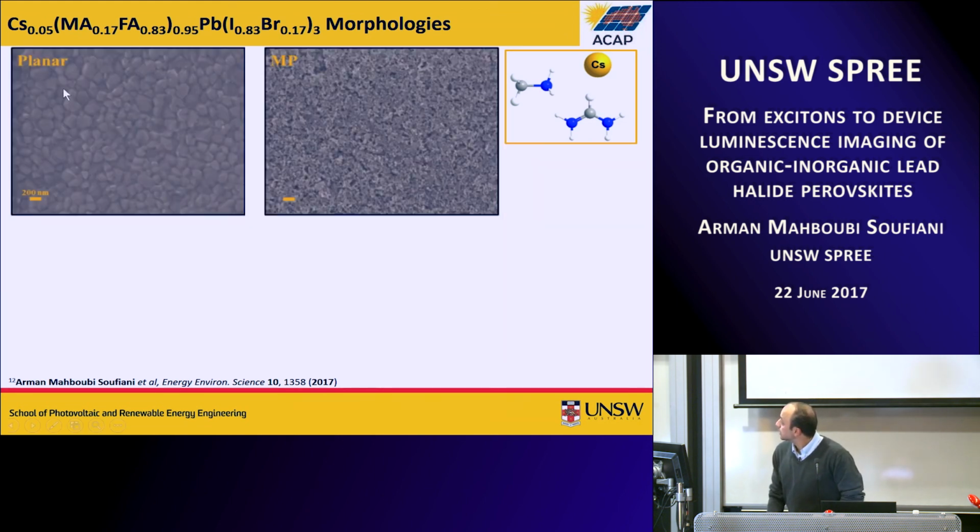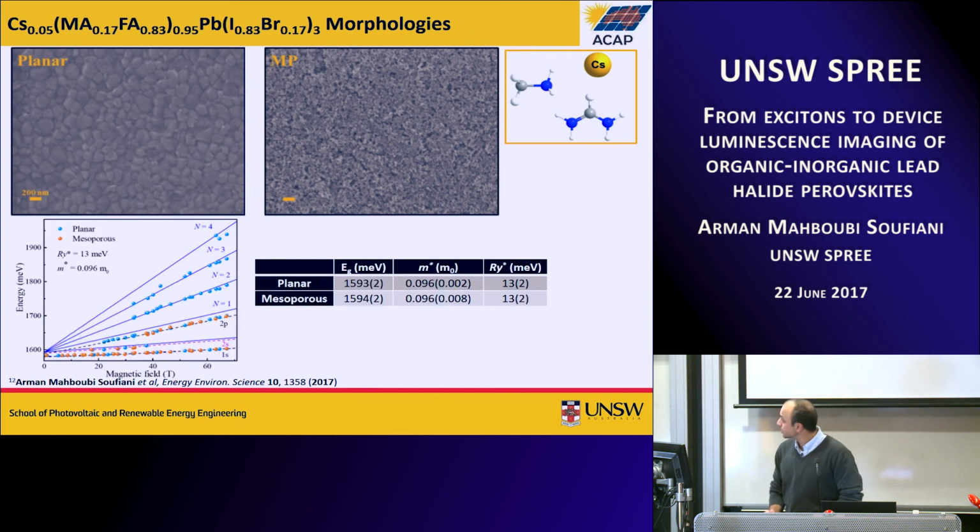So we fabricated 2 morphologies of this composition, a planar sample and also a mesoporous sample, where this material is infiltrated into the mesoporous aluminum oxide scaffold. We perform the same measurements, and you can see here that the binding energy and the reduced mass for the 2 samples remain unchanged.